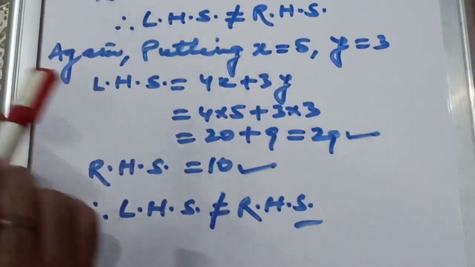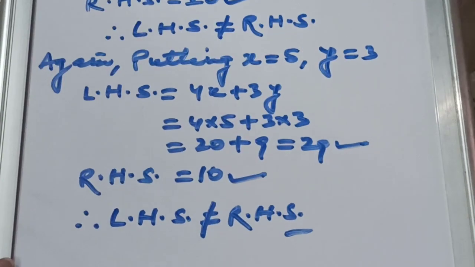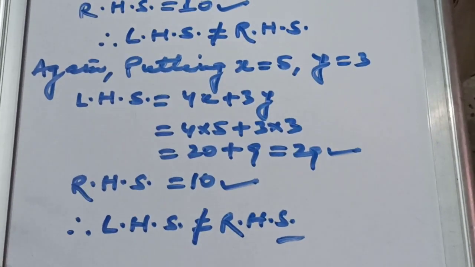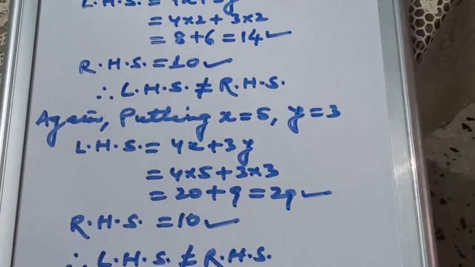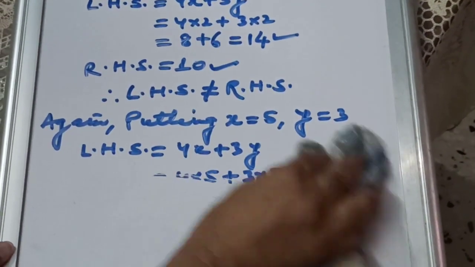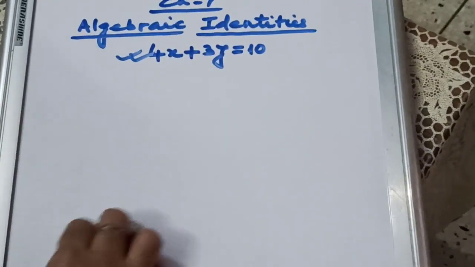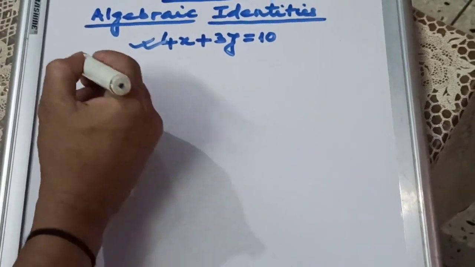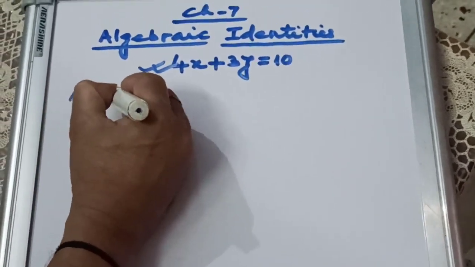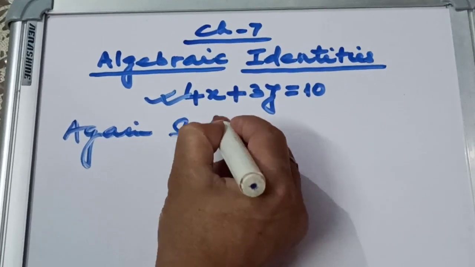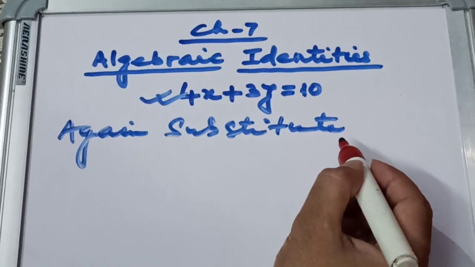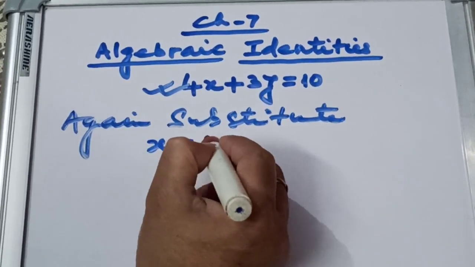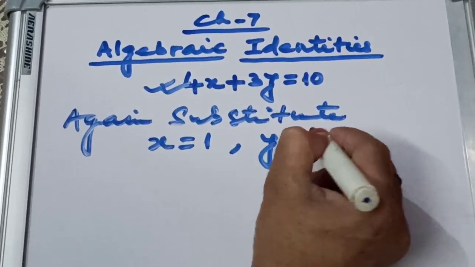In both parts, I have taken two different values for this equation. Again, we will take another value. Again, substitute x is equal to 1, y is equal to 2.